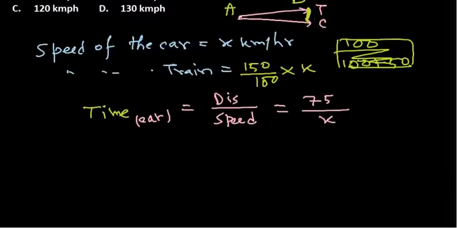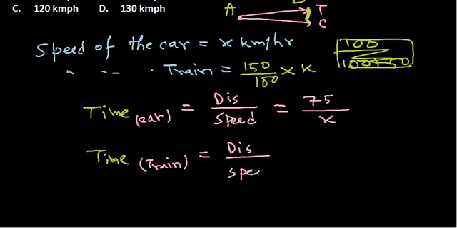Similarly, the time taken for the train to reach point B is again distance divided by speed. The speed of the train is 150 by 100 x, which simplifies to 3x by 2.